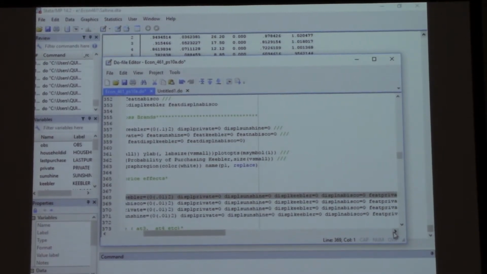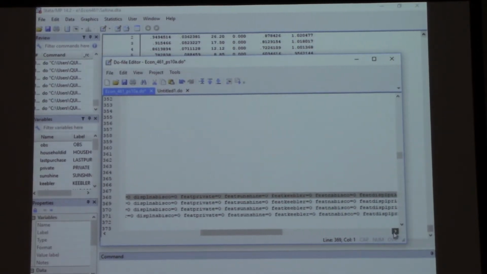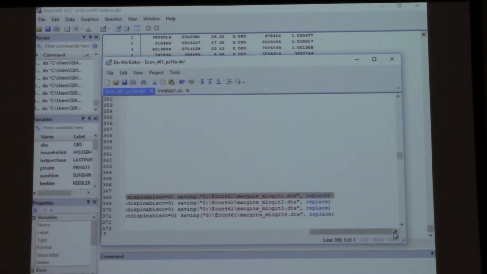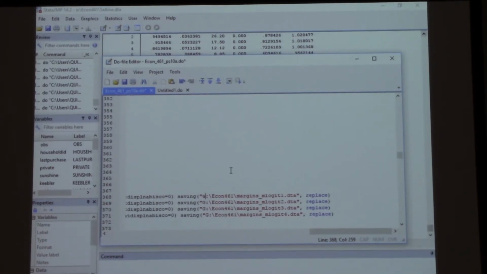But what we want to do is hold everything constant and set things equal to zero, so we're not muddling things up with these average promotional effects, which make absolutely no sense. So I set all those equal to zero, and then I use the saving margins command, which I have to change here.